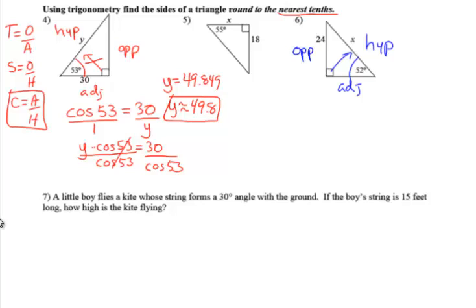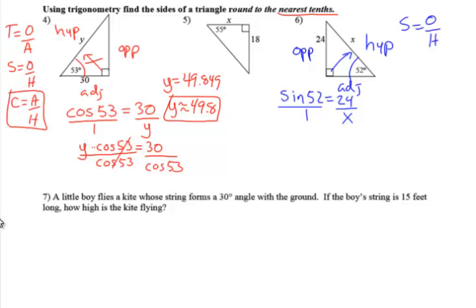Okay? Well, what am I looking for? Looking for the opposite, know the hypotenuse. So that tells me to use sine. So the sine of 52 equals opposite 24 over x.